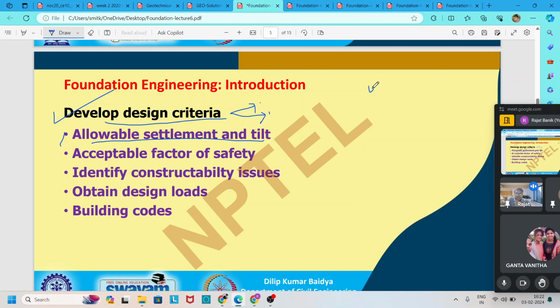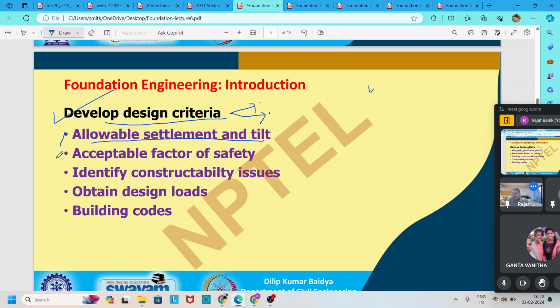So we have to design our structure in such a way that the settlement should not cross the allowable settlement given in our design codes. For different types of foundation, different allowable settlement criteria are given. If it is crossed, there may be a possibility of foundation failure.